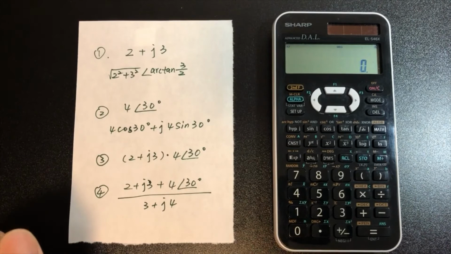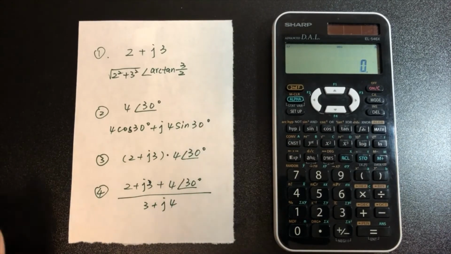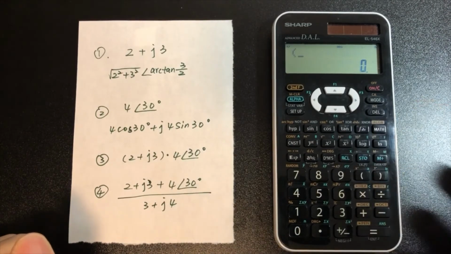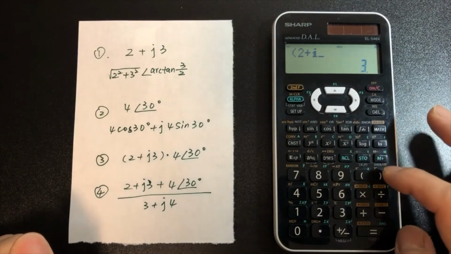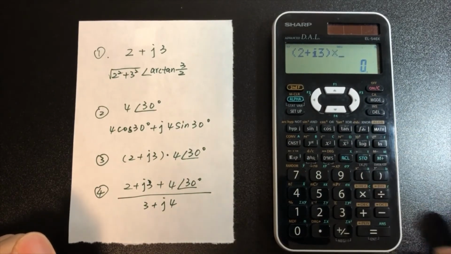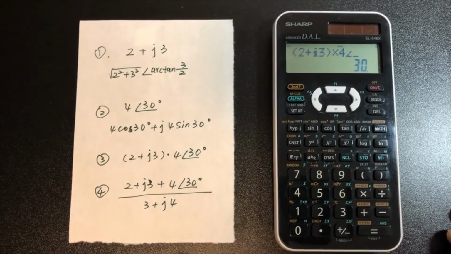Right? It can be cumbersome, right? Now, with this calculator, what you can do is just directly type them in, right? Bracket 2 plus j3, close the bracket, times 4 angle 30 degree.